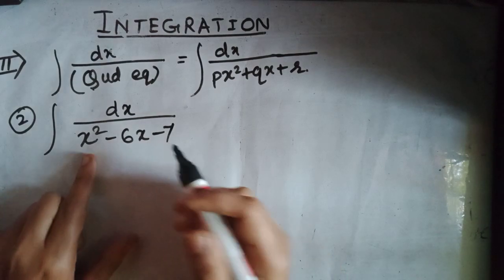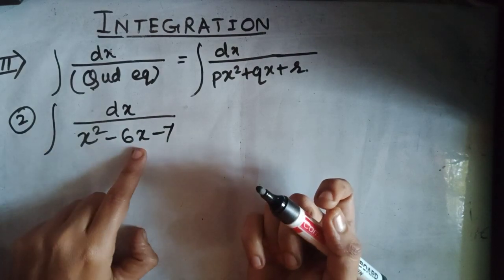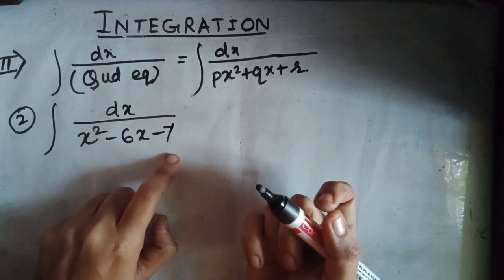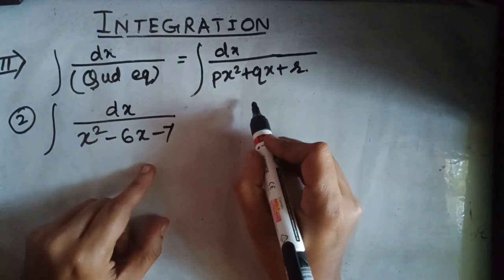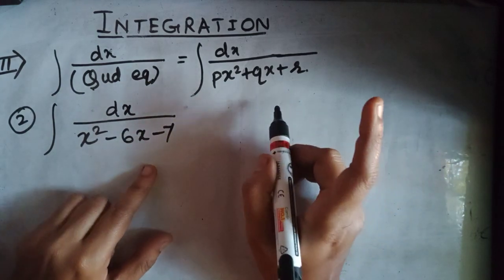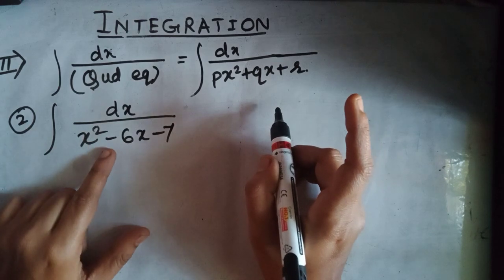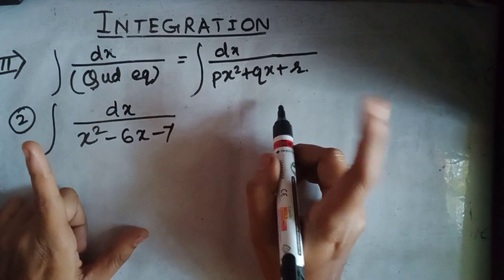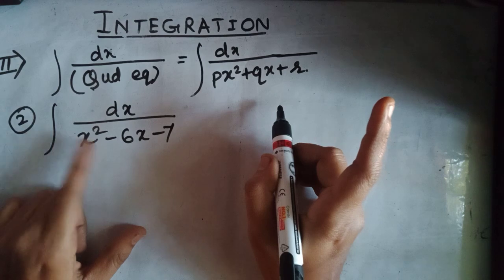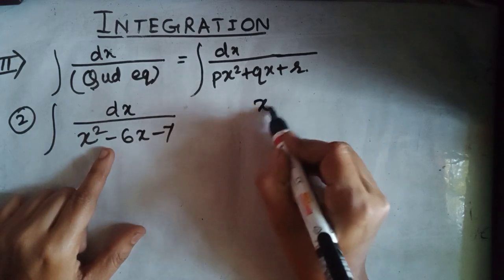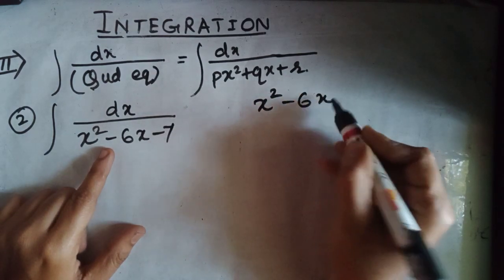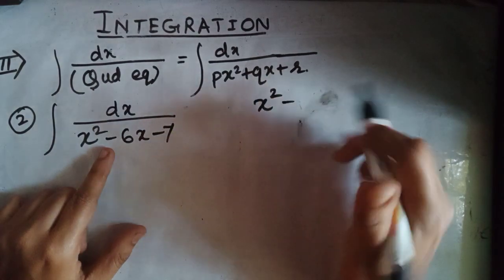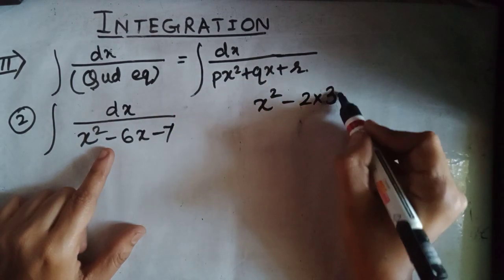Let's solve this. So this is x square minus 6x minus 7. You have to write it in the form a plus b the whole square. Now here minus sign is there, so this will be in the form a minus b the whole square. So write x square minus 6x. 6x you can write it as 2 into 3, right?